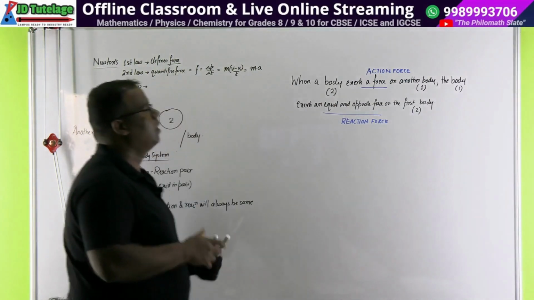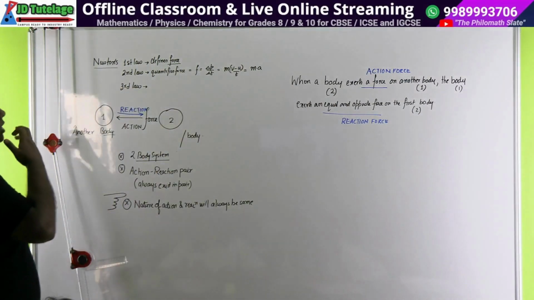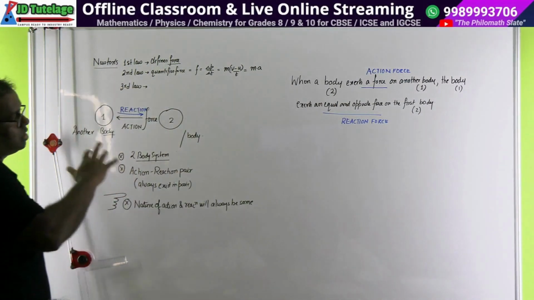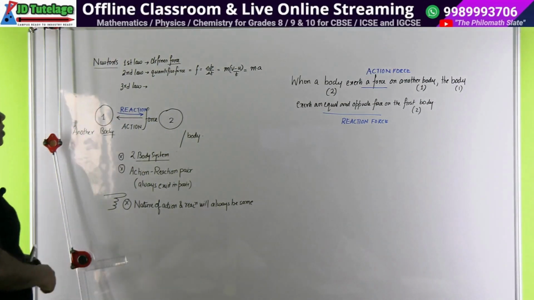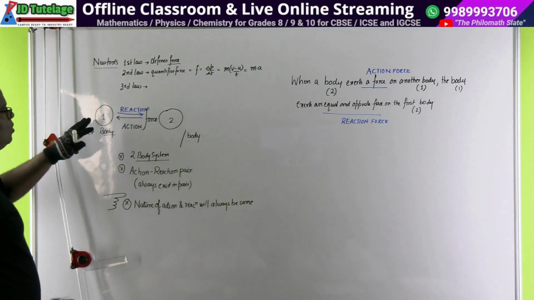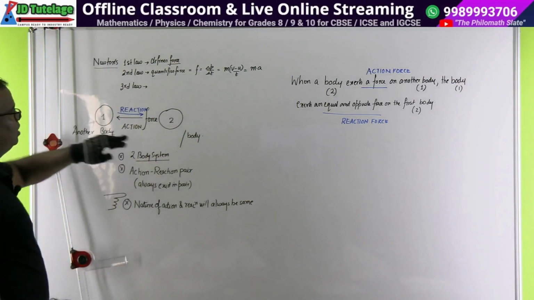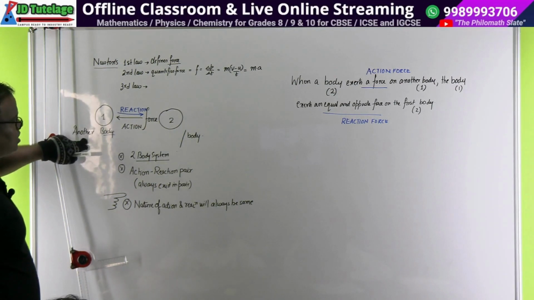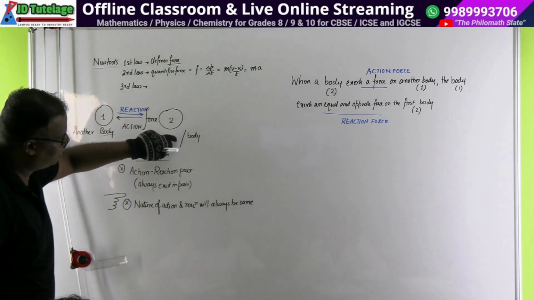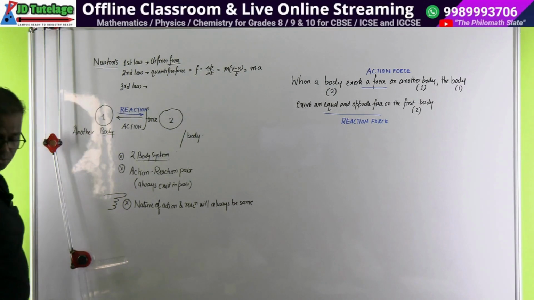Okay? When a body exerts a force on another body, the other body exerts an equal and opposite force on the first body. First body means, try and understand, don't get goofed up between these two. This is a body, exerts a force on another body. This body exerts an equal and opposite force on the first body. That's this body. Okay? Don't get goofed up by 1 and 2.